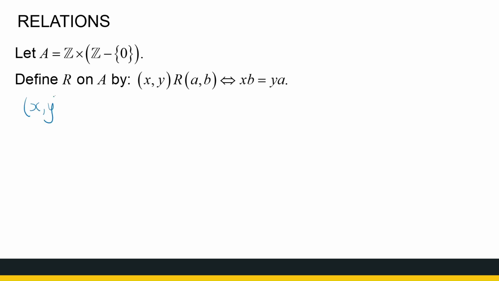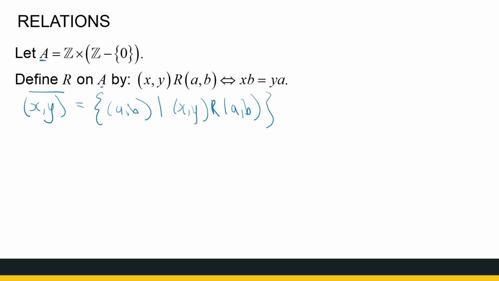Just to remind you, in general, an equivalence class is the set of all those elements from the set I'm looking at that have this relation with the xy, or whatever element I want to take the equivalence class of. So the equivalence class of xy will be all ordered pairs AB such that this relation holds, such that xy R AB.